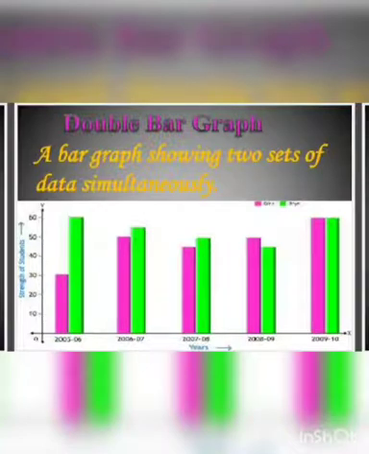In the year 2007 and 2008, there are about 45 girls and 50 boys. So in this way we can represent the data in the form of two sets in the same graph. So this is called a double bar graph.